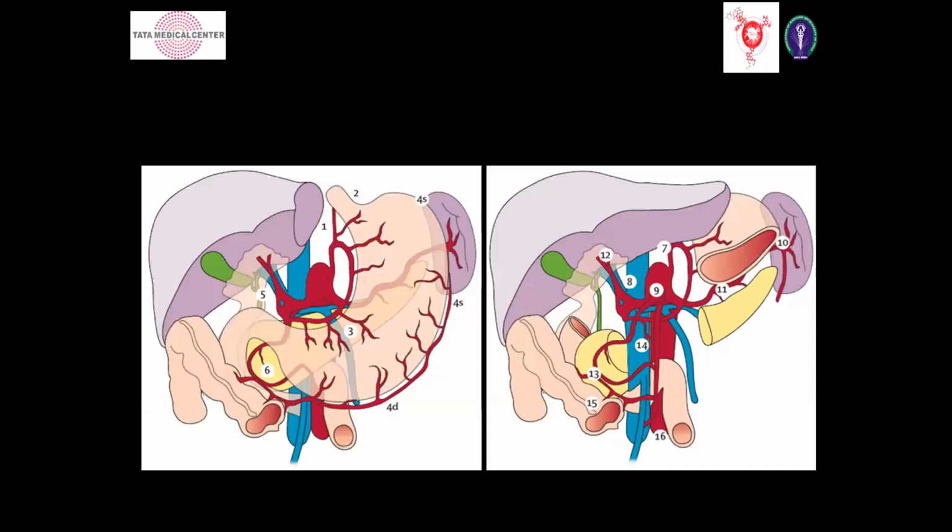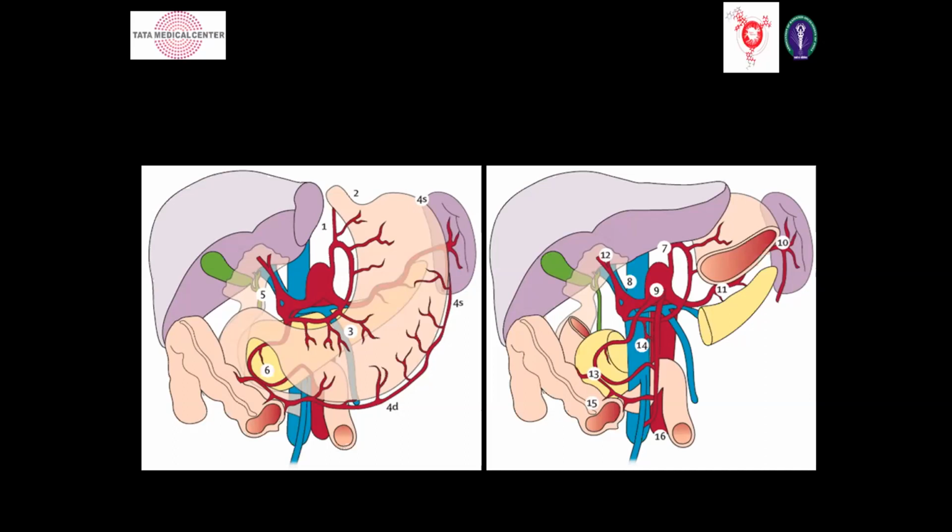If you see, the stomach has a very rich vascular supply and lymphatic supply. There are 4 different arteries which supply the stomach. So that means there are 4 different pathways where the lymph node can escape from the stomach wall if there is a stomach lesion.